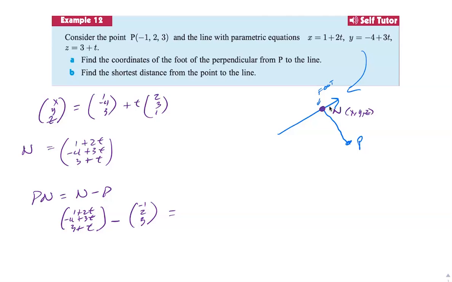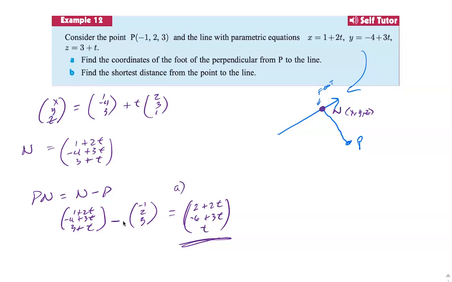There we go. Yeah, that would have been a mistake. So positive 1's right there. So here I get 1 minus -1, which is 2 + 2t. Then I get -4 minus 2 is -6 + 3t. And then 3 minus 3 is 0, so just t. So that would be my vector PN.